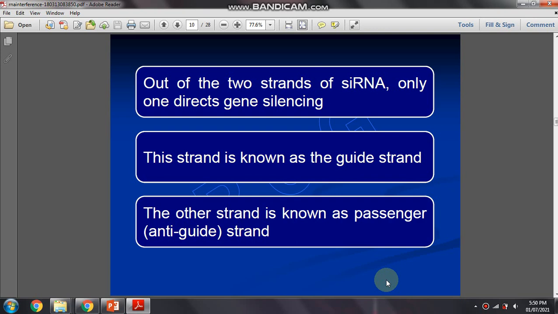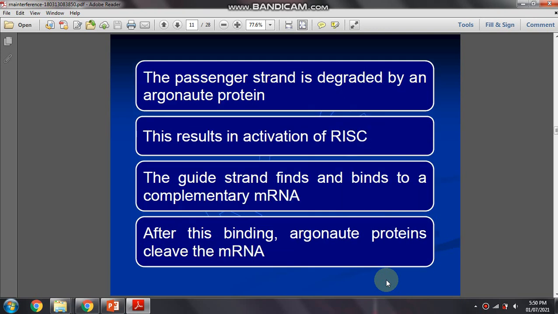Remember, only one strand out of these two. Both siRNAs and miRNAs are double-stranded molecules. Out of these two strands, only one is used for gene silencing. That strand is known as the guide strand, and the other is known as the anti-guide or passenger strand. The passenger strand is degraded by the argonaute protein, which is part of RISC.